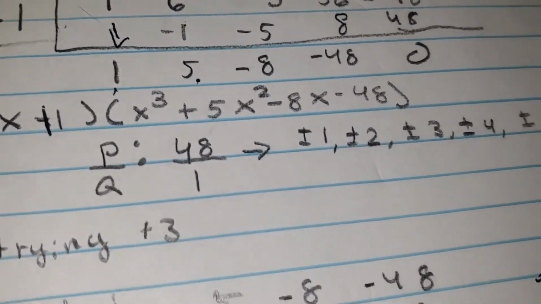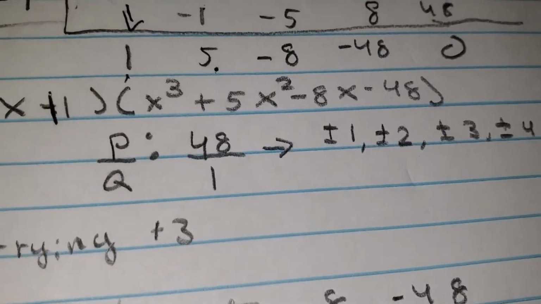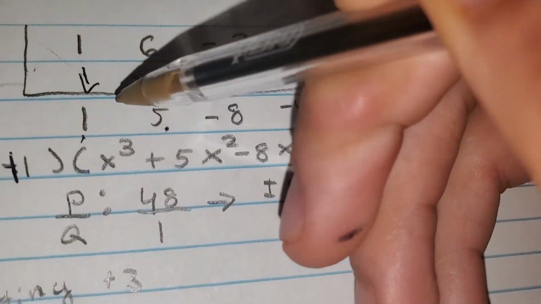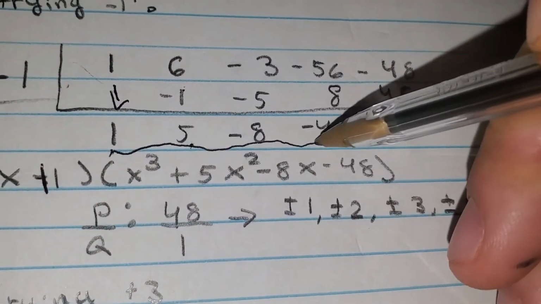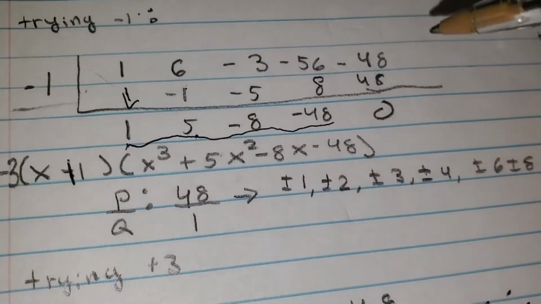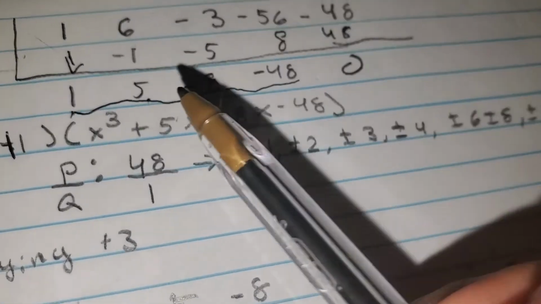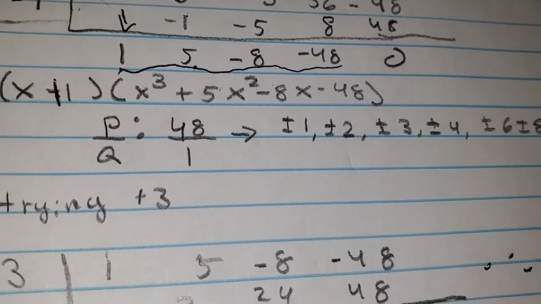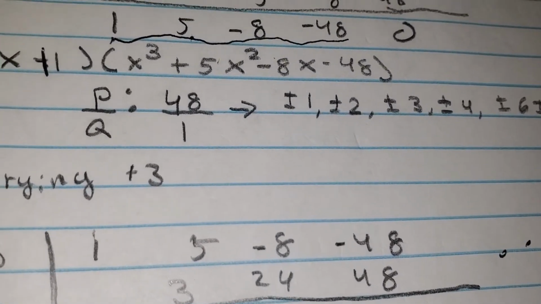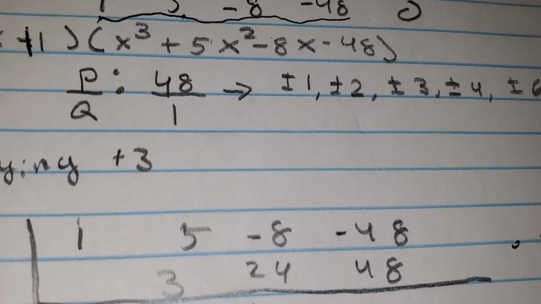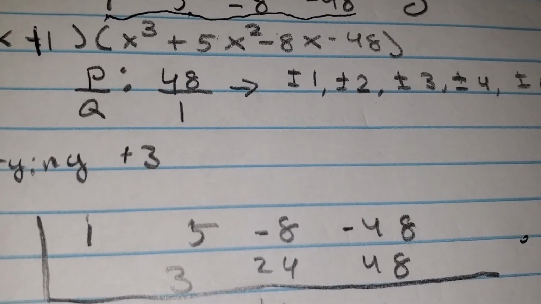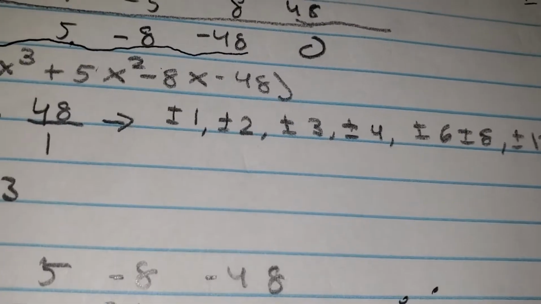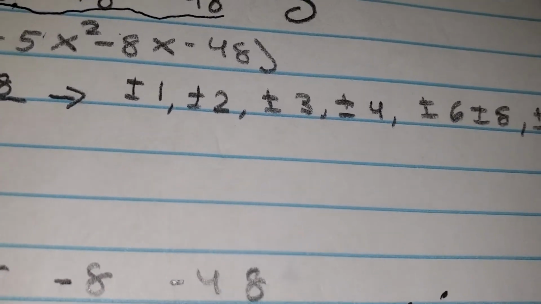And so this translates to a degree lower. This becomes our new polynomial, x cubed plus 5x squared minus 8x minus 48, and we apply it again. We keep doing this until we get into a form where we can factor it cleanly, ideally a trinomial.